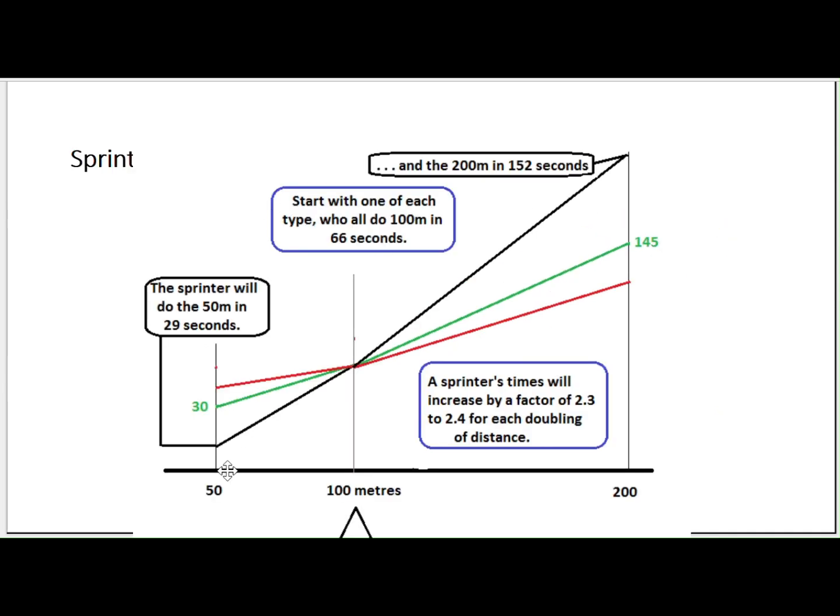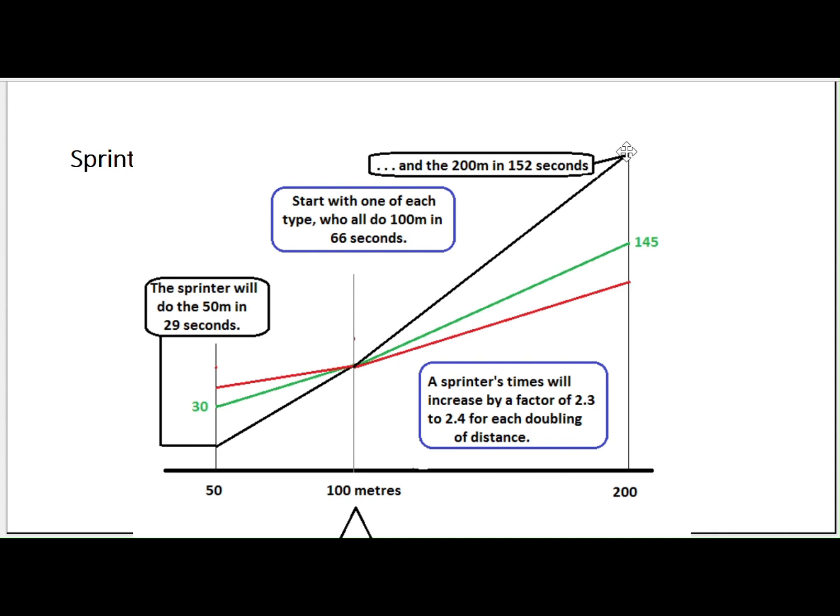A sprinter, the black line, who can sprint 100 metres in 66 seconds. They'll do their 50 in something less than 30 seconds. They might do a 29 or a 28, something, even a 27. But once they've done 50 metres, they're done. They don't have the red fibre to keep going at much pace, and so they'll be going slower than the others after the 100 metre mark.